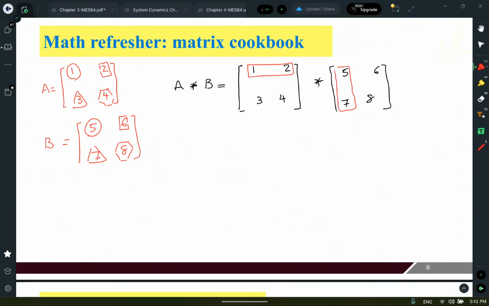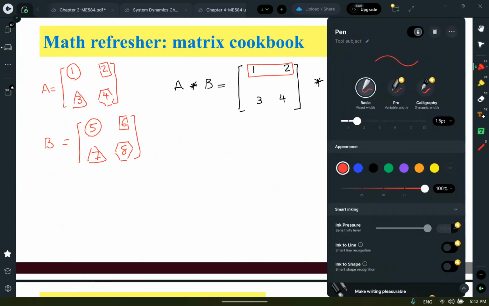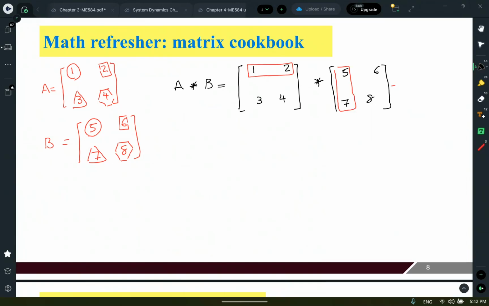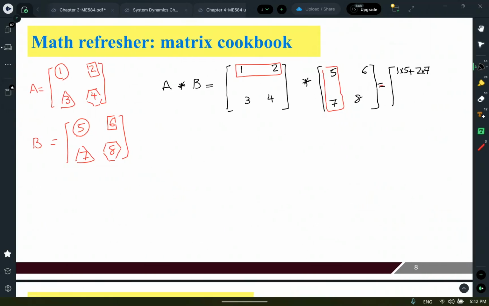If you do the math here, this is going to come out as 1 multiplied by 5 plus 2 multiplied by 7. You guys know that 1 multiplied by 5 is 5, 2 multiplied by 7 is 14, and 5 plus 14 is going to be 19.